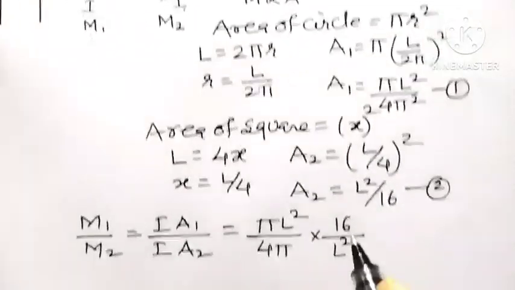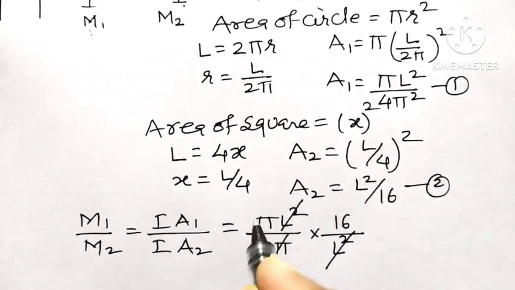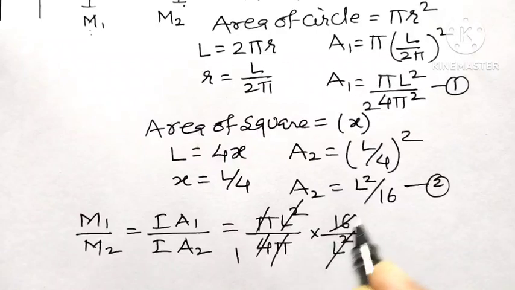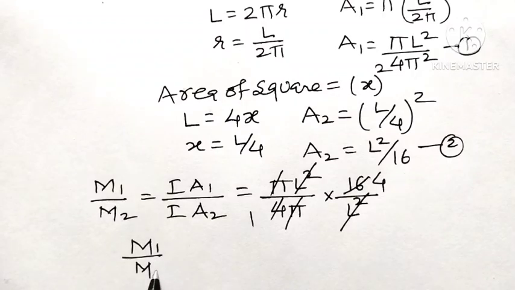That 16 comes in the numerator. So L square gets cancelled with L square, and pi gets cancelled with pi.